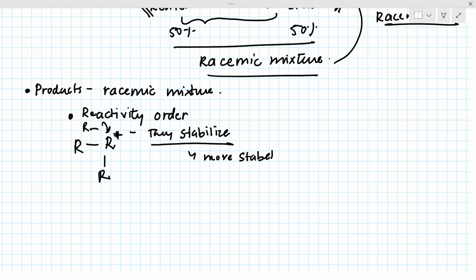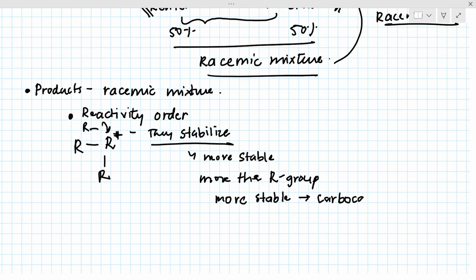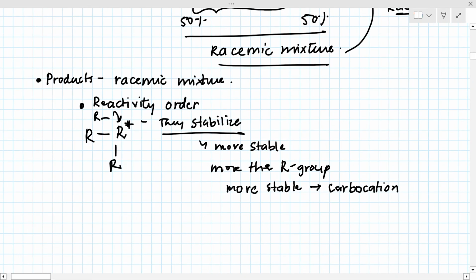So the more the alkyl groups, the more stable the carbocation will be. Okay, so this is the reason why we need the reactivity order.